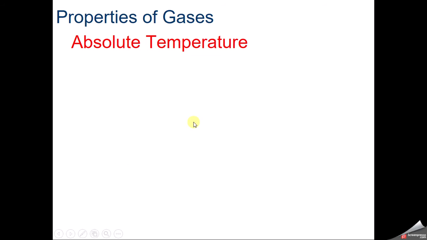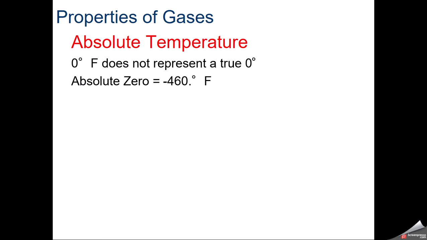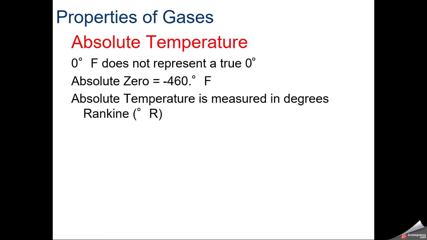Absolute temperature: 0 degrees Fahrenheit does not represent a true 0 degrees. Absolute 0 is actually negative 460 degrees Fahrenheit. So when we're talking about absolute temperature inside of our problems today, we are going to measure those in Rankine.